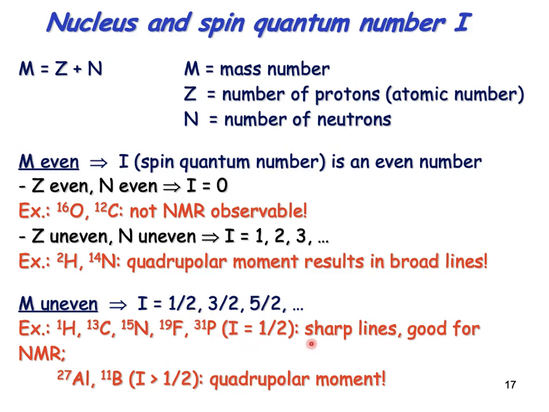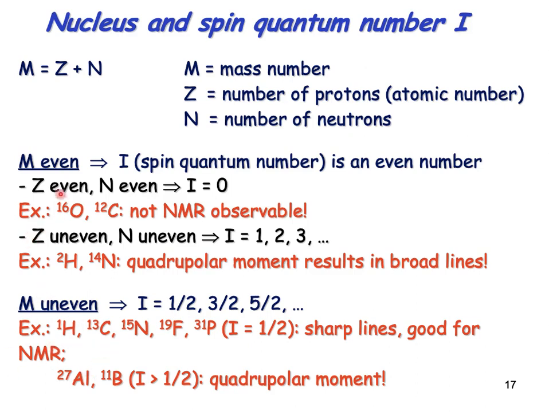The spin quantum number of these nuclei will be half, and it gives a sharp line and is good for NMR. So all these nuclei are NMR observable nuclei.